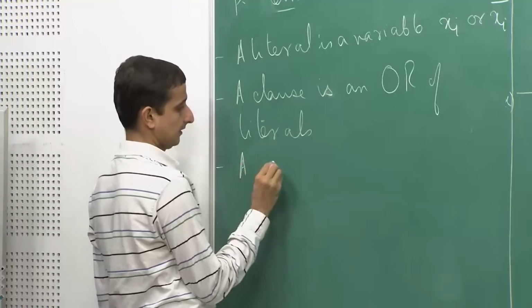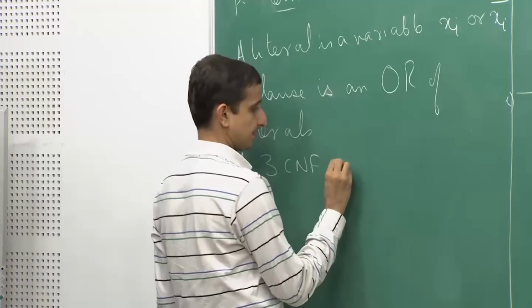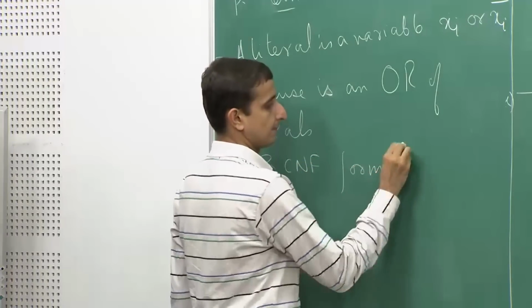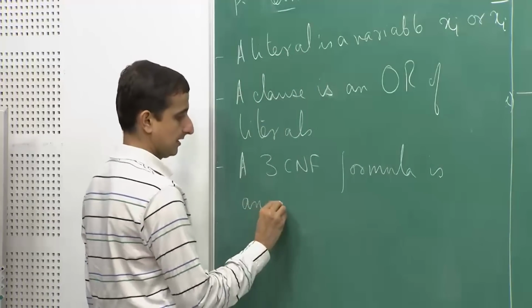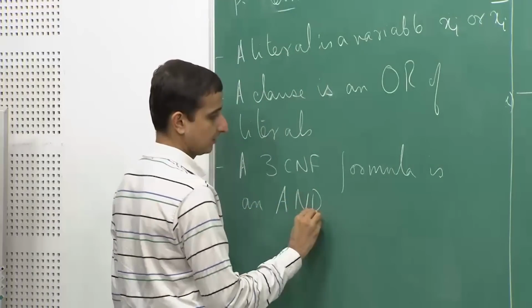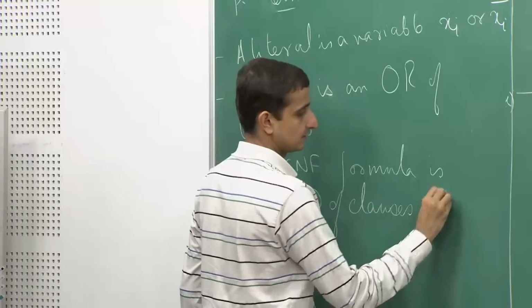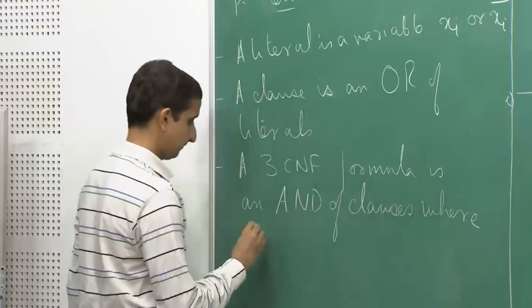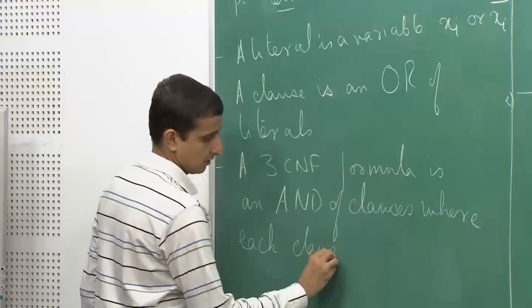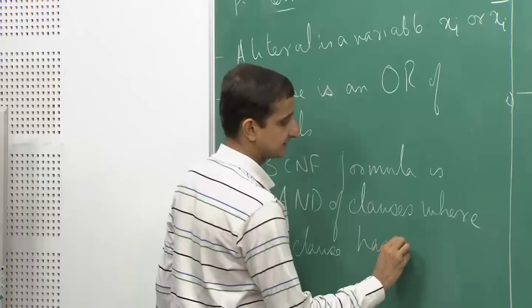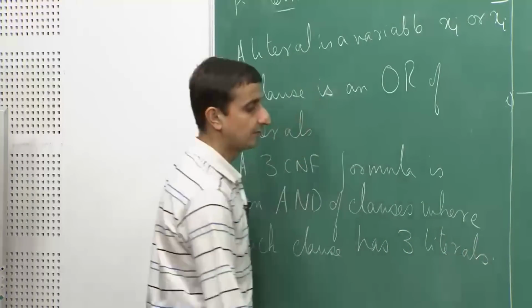A 3CNF formula is an AND of clauses where each clause has 3 literals.